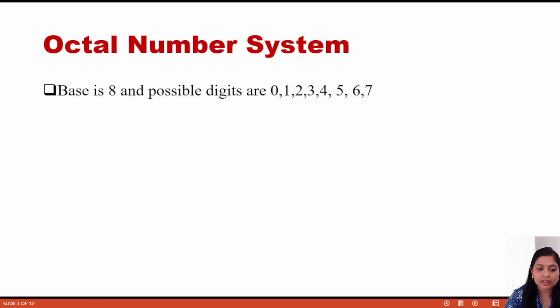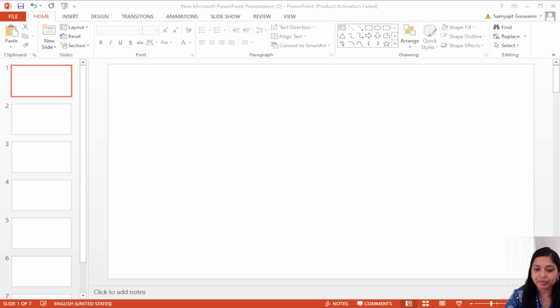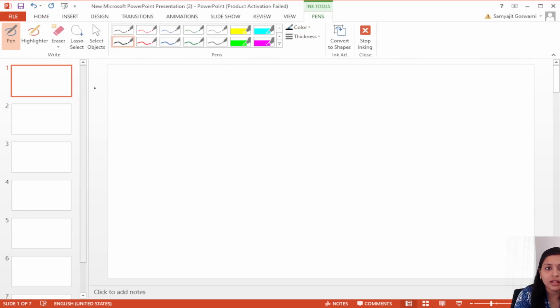So why up to 7? Base is 8. I have already said in an octal number system base is 8. This is called base or radix.